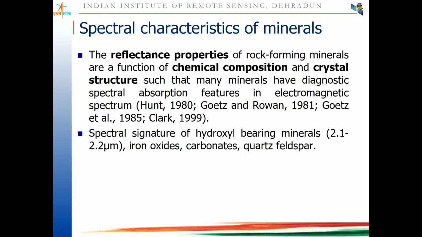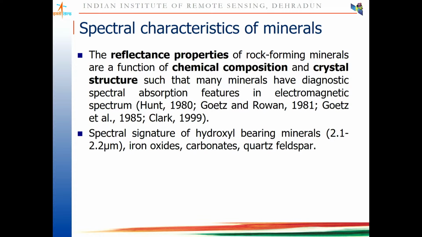So what I want to say is, when we are studying reflectance spectroscopy, the absorption at a certain wavelength is more important and characteristic for the identification of the material than the reflectance.